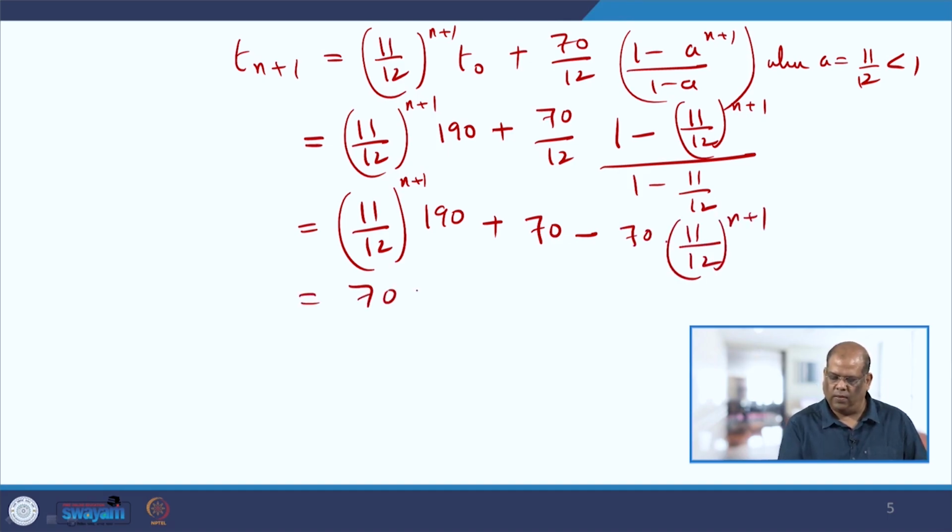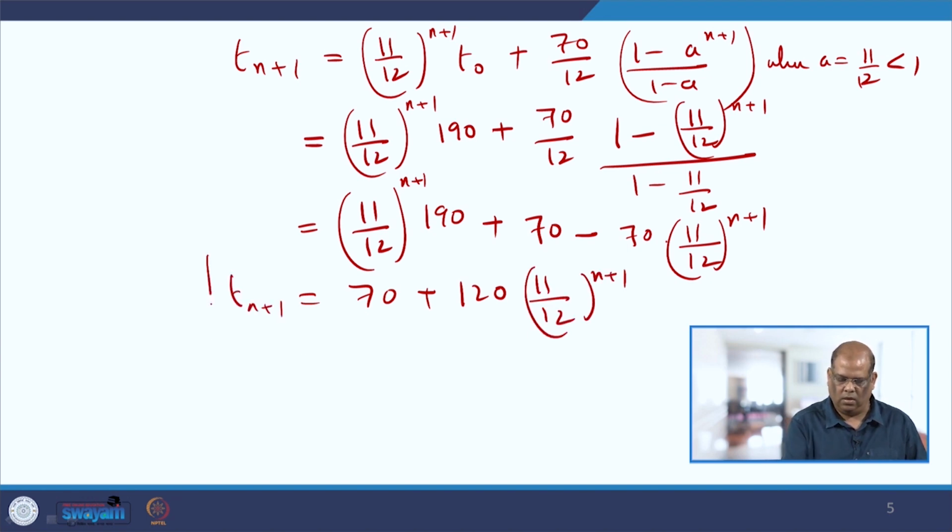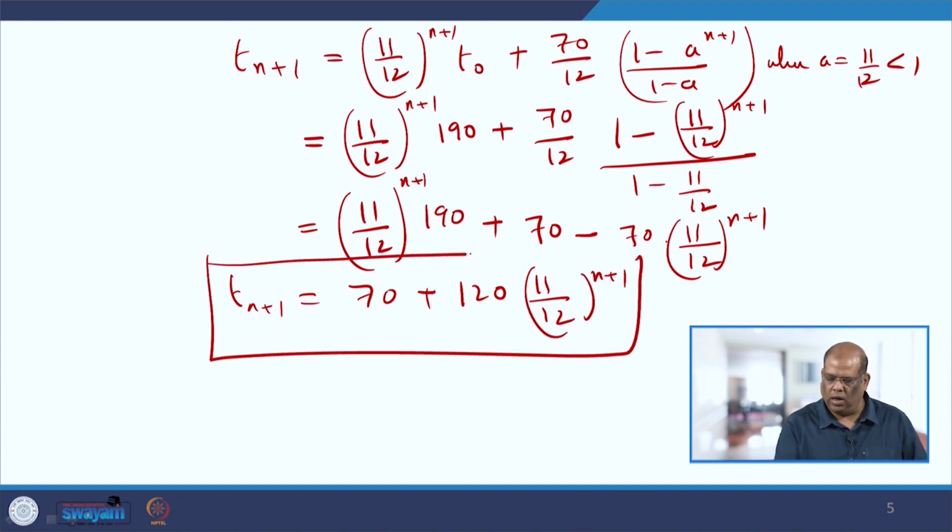So, this will be 70 plus 120 times 11 by 12 to the power n plus 1. This is the equation which you get for a cup of coffee which was kept at the surrounding temperature, which is the room temperature at 70 degree Fahrenheit.